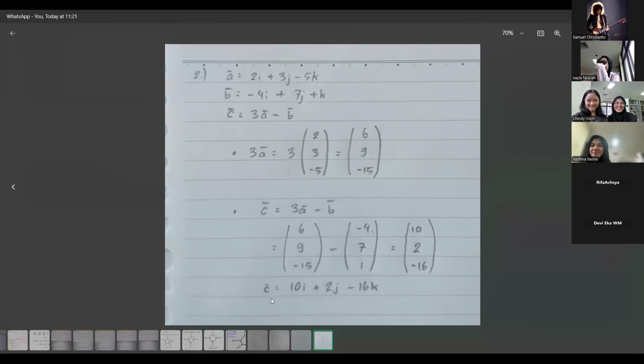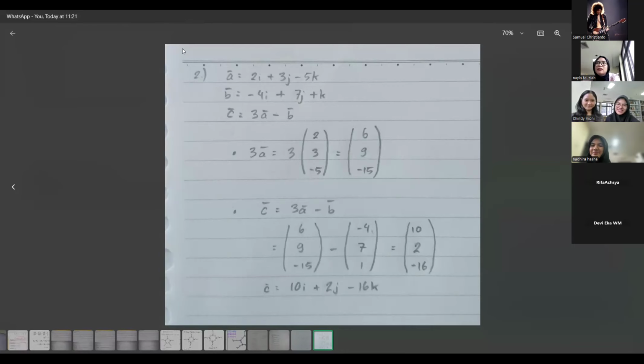Then the result for number 2 is vector C equal to 10i plus 2j minus 16k. Is the answer correct?